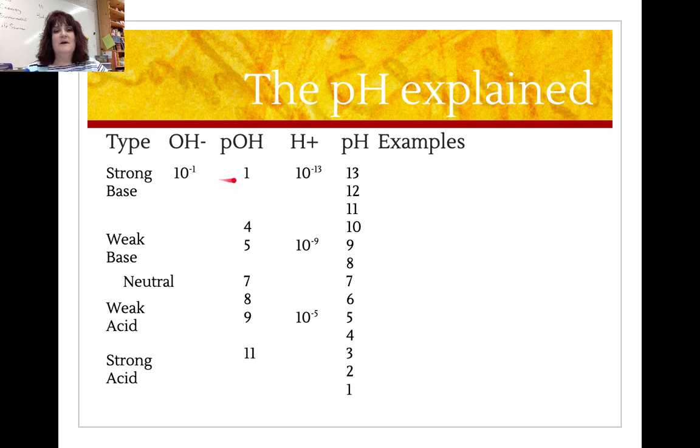Negative 1 and 1, negative 13 and 13. The OH negative concentration is 10 to the negative 5 for a pOH of 5, and 10 to the negative 9 for a pOH of 9. And again, you should be able to fill in the rest of that chart.